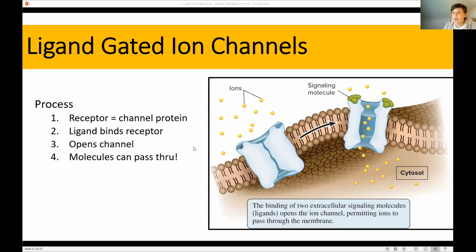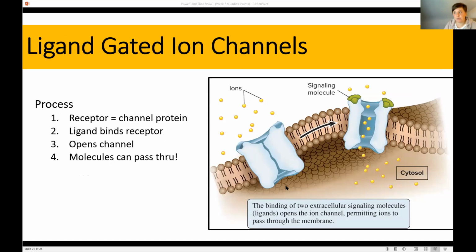So the other type of membrane receptor you can have is called a ligand-gated ion channel. So this kind of tells you exactly what it does. So these are integral proteins. These are channel proteins. But importantly, these channel proteins are closed. So notice that our ions in this case are outside of the cell.